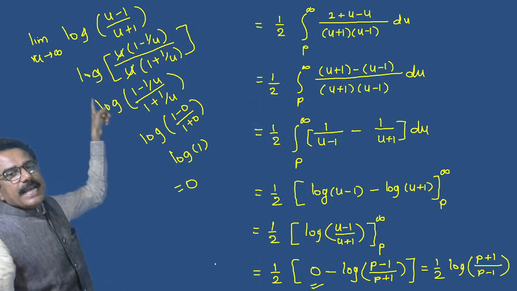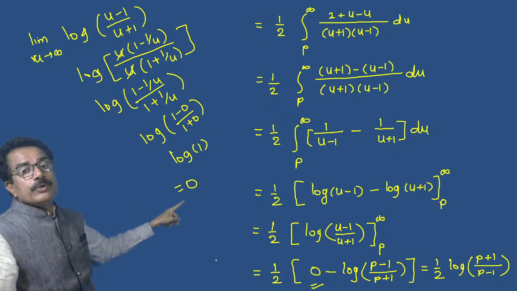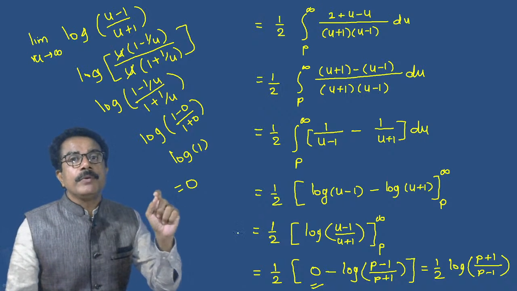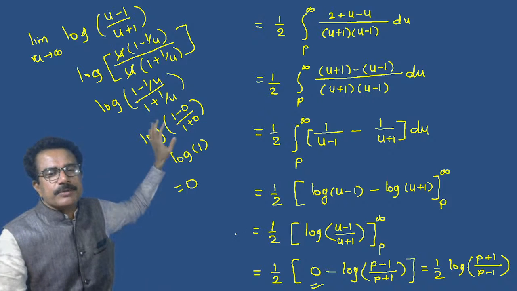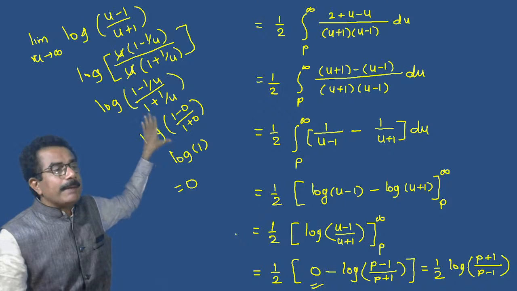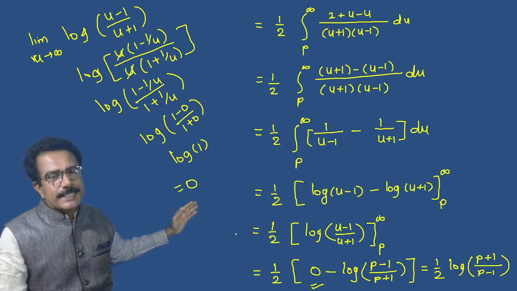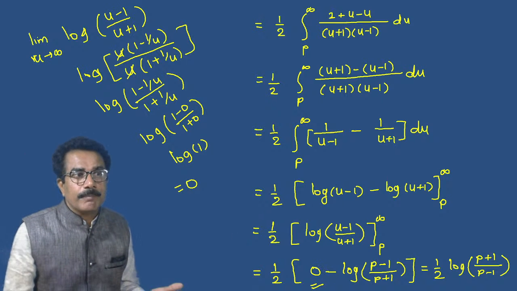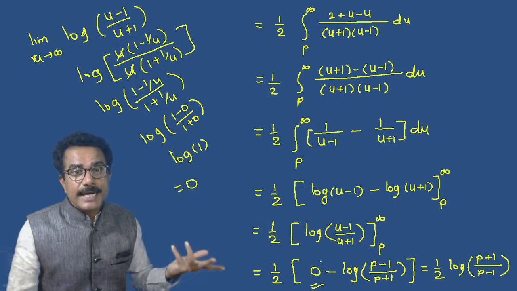But these are the steps which give the result 0 when we put upper limit u equal to infinity. That means actually we have to calculate the value of the upper limit by limiting condition, that goes to 0. But here we have written directly 0. But how do we get 0?